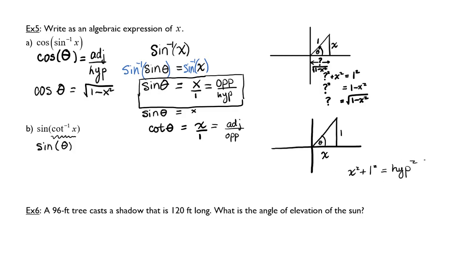So the square root of x squared plus 1 will equal the hypotenuse. And so I'll just write that along the hypotenuse. That means that I have all 3 of my triangle sides, so I can write the sine of theta as a relationship of opposite over hypotenuse, which is 1 over the square root of x squared plus 1.